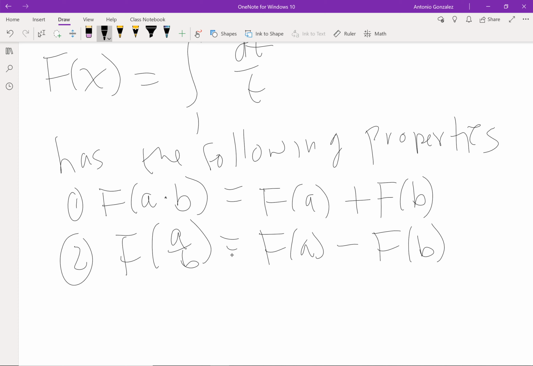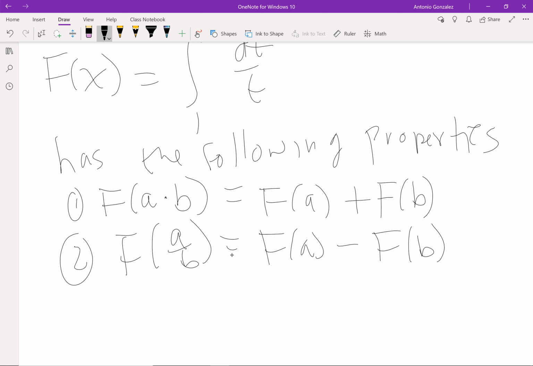Now, in a typical pre-calculus course, we're usually taught the exponential and then the logarithm from there. Here we're taking a different approach. We have this function F of x, which we are now going to define.